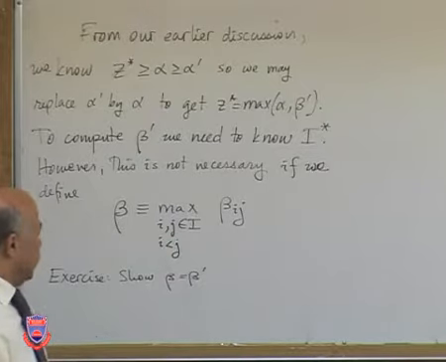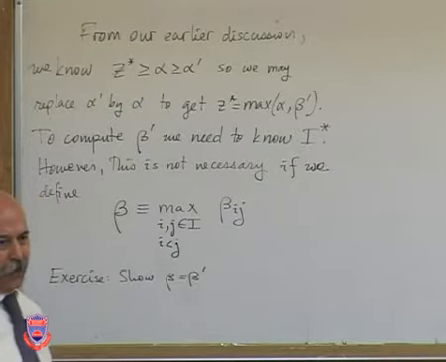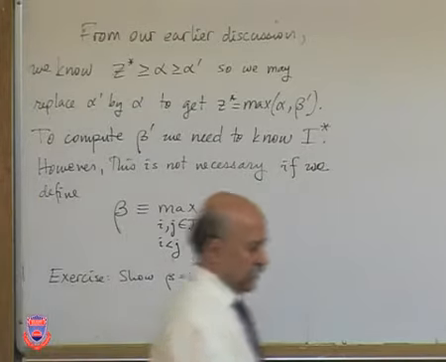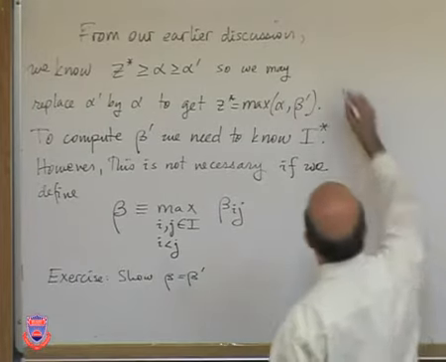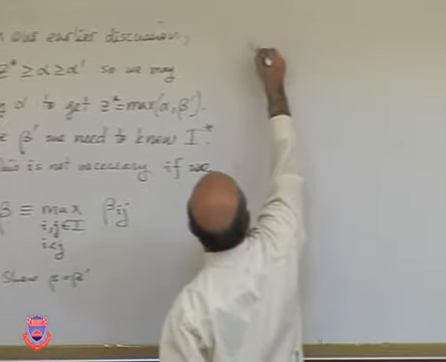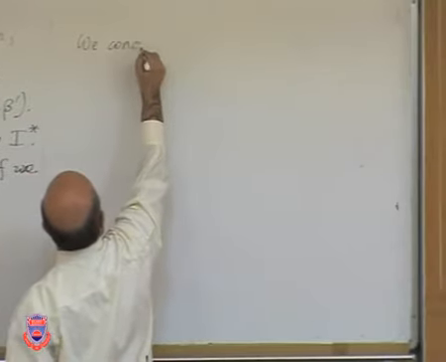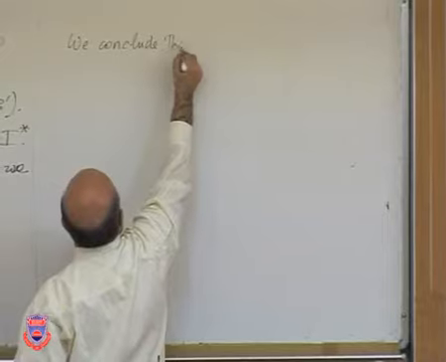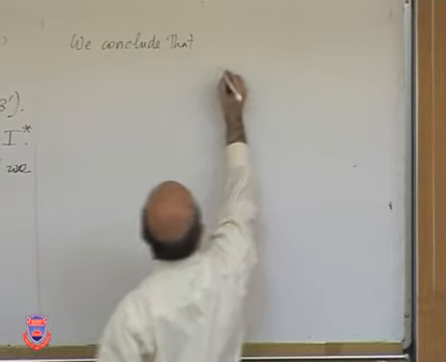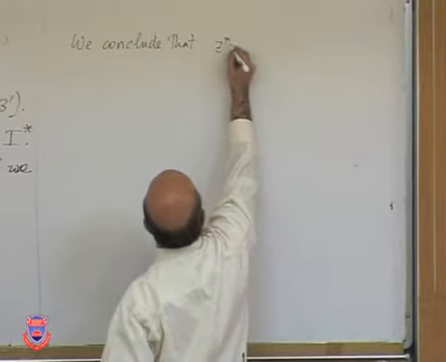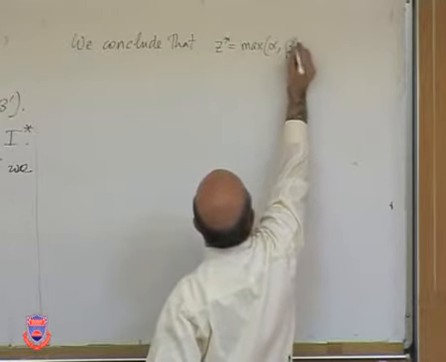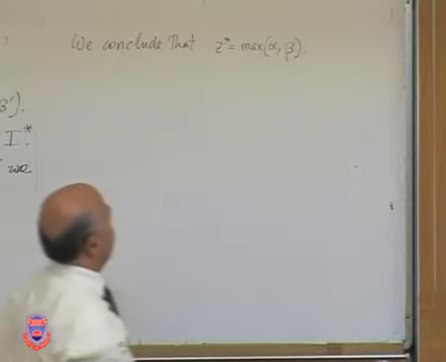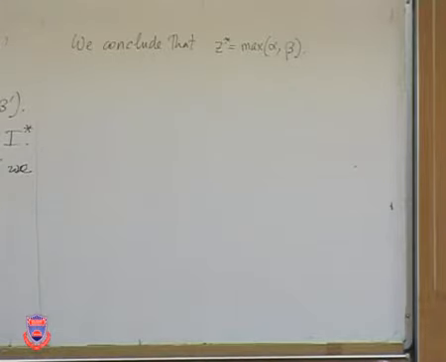At home you might want to work on why beta equals beta prime. So we conclude that z star is actually the maximum of either alpha or beta.